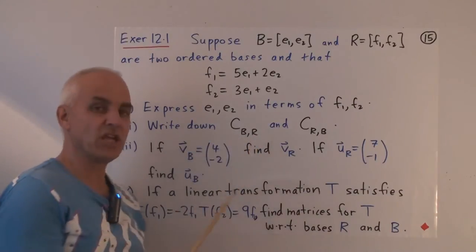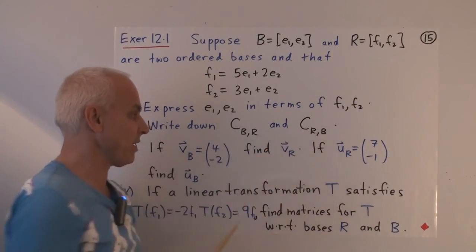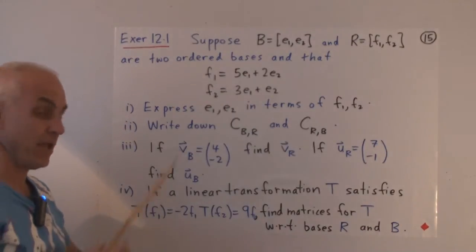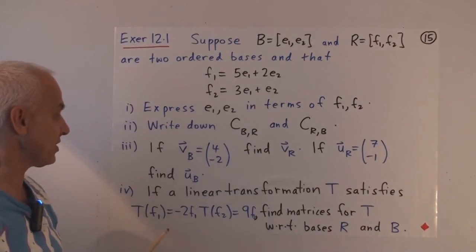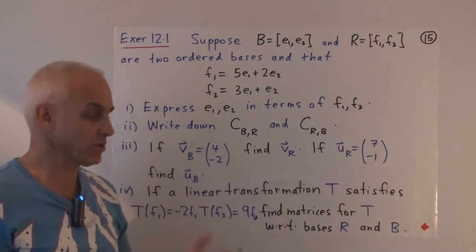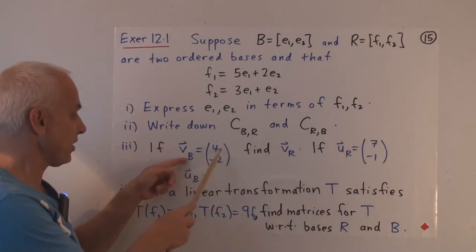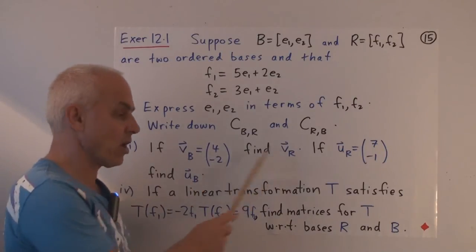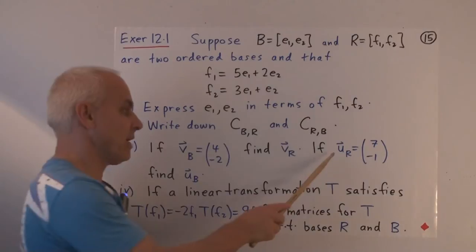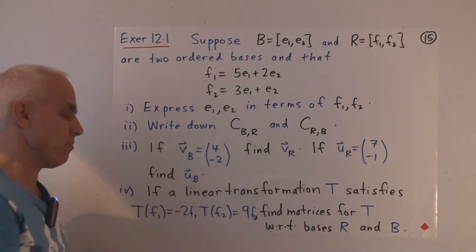Secondly, write down the change of basis matrices CBR and CRB. Then use those change of basis matrices to convert from B coordinates to R coordinates or vice versa. So if a vector V has B coordinates 4, minus 2, find its R coordinates. And if another vector U has R coordinates 7, minus 1, find its B coordinates.